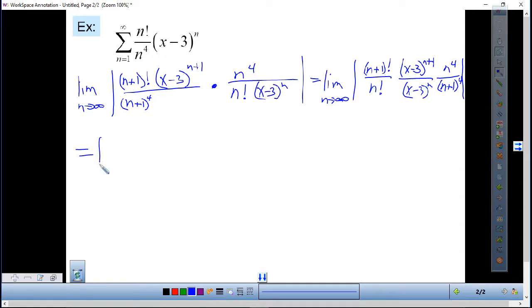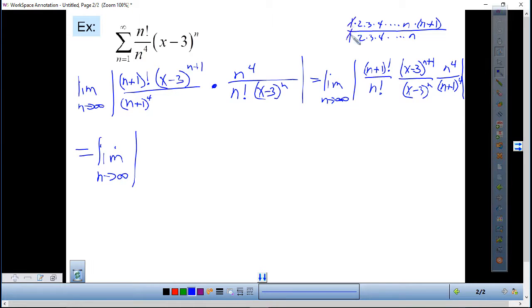So we've got the limit as n approaches infinity. Now, let's go ahead and simplify. We know that if we have n plus 1 factorial, we have 1 times 2 times 3 times 4 times dot dot dot n times n plus 1. And if we have n factorial on the bottom, that means we have 1 times 2 times 3 times 4 times dot dot dot all the way up to n.